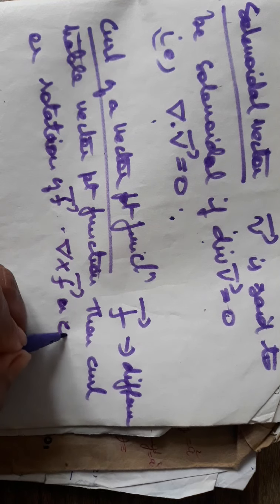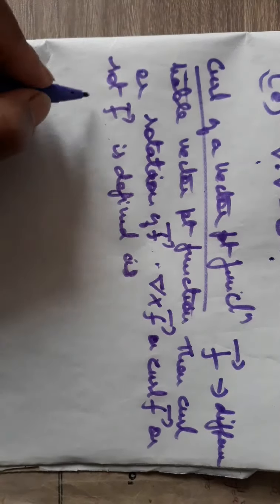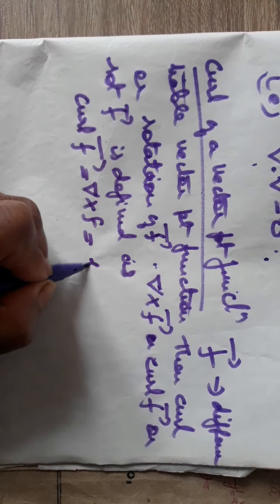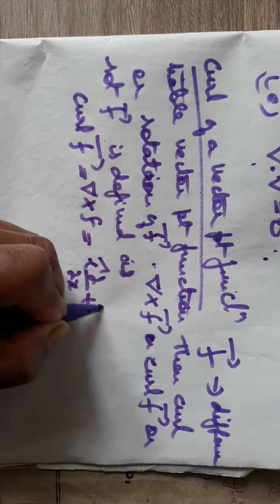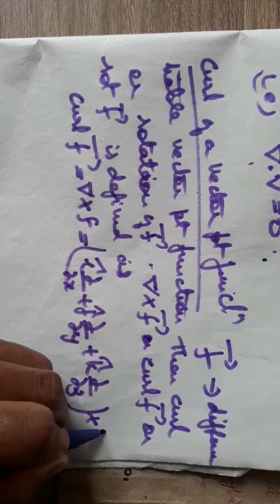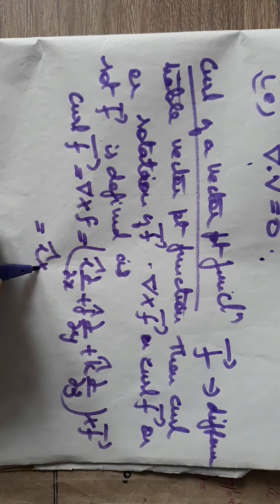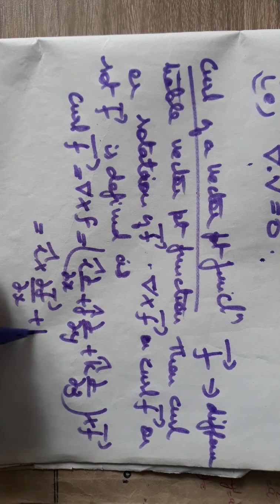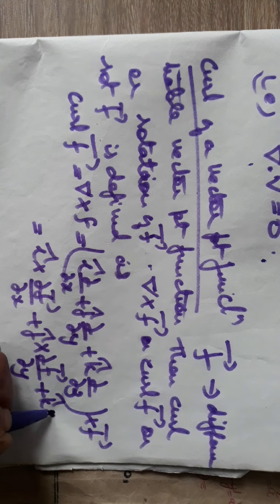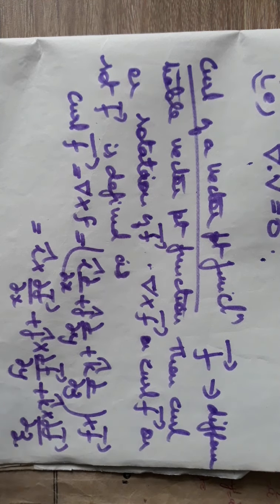Curl of f bar or rot of f bar is defined as del cross f bar, and we know that del here stands for i del/del x plus j del/del y plus k del/del z, crossed with f bar, which is nothing but i cross del f bar/del x plus j cross del f bar/del y plus k cross del f bar/del z.